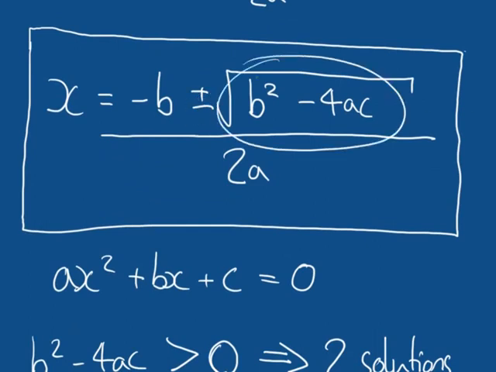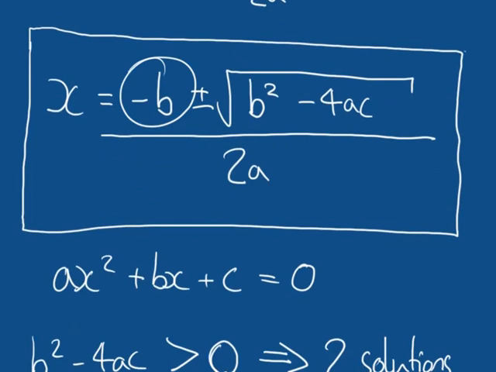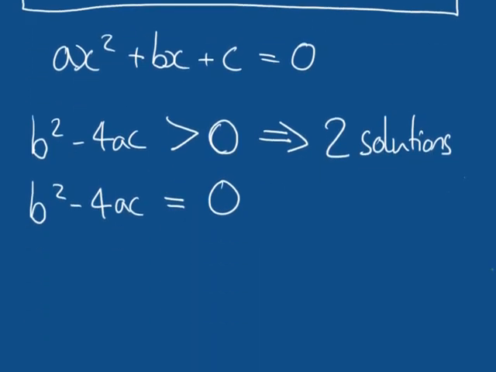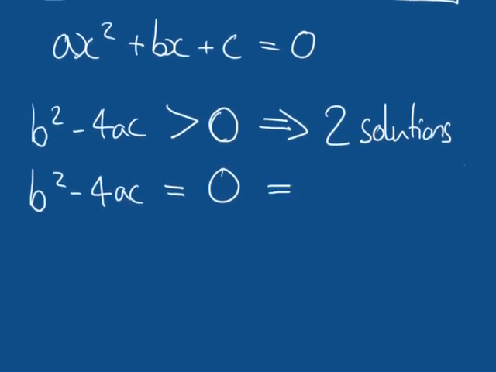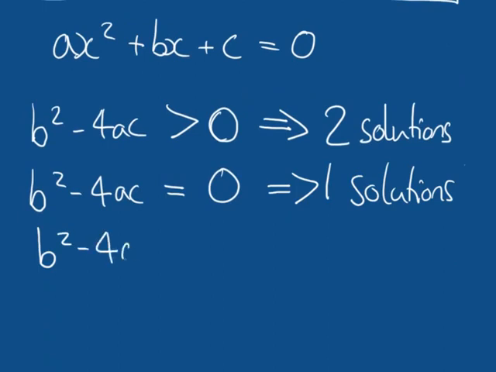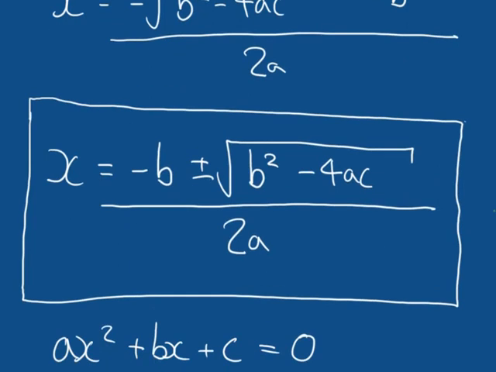So when b squared minus 4ac is equal to 0, there is only one answer, minus b divided by 2a. So that means there's just one solution. If we were to graphically represent that curve, we would see that we are just at the turning point touching our x-axis.